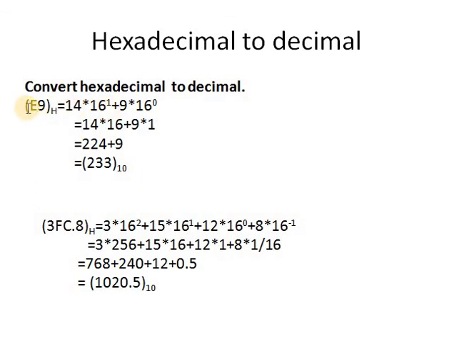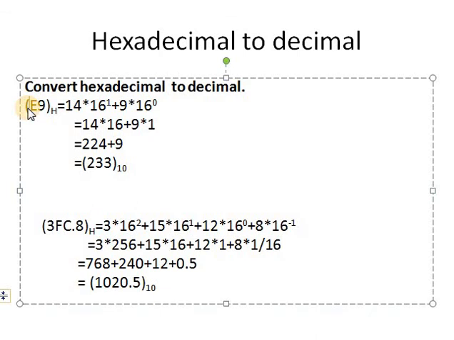If another value is there, for example here, if it is F, then what will you do here? F has the value 15, into 16 power 2, plus the rest.